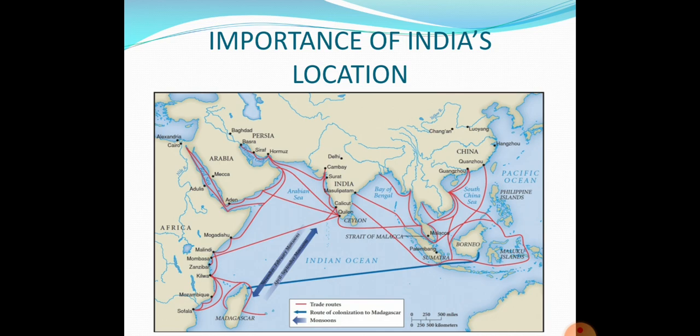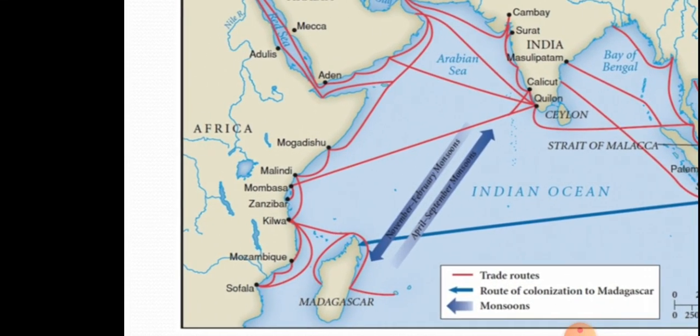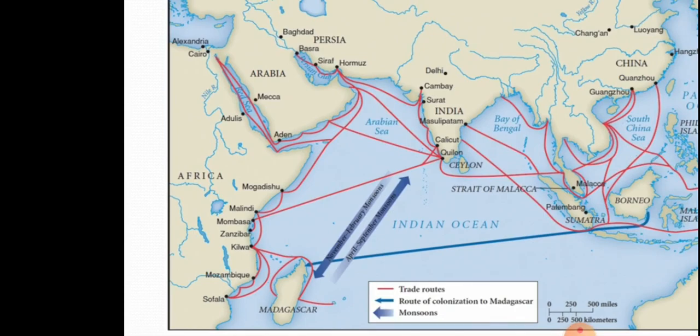Now you can see these ancient sea routes also, and from India earlier people used to go by Cape of Good Hope, South Africa. Europeans used to travel from there, but after opening of Suez Canal in 1869, you can see this Suez Canal route.